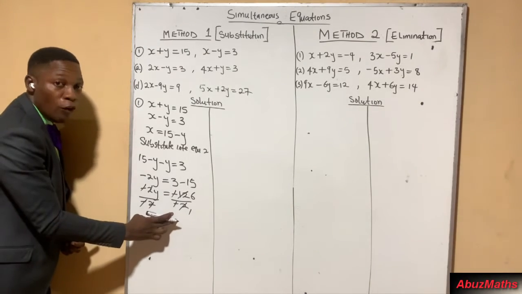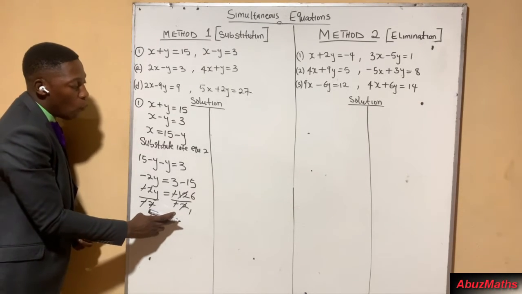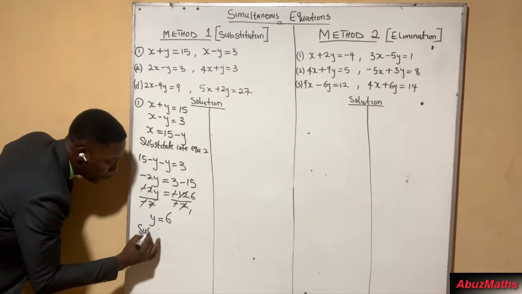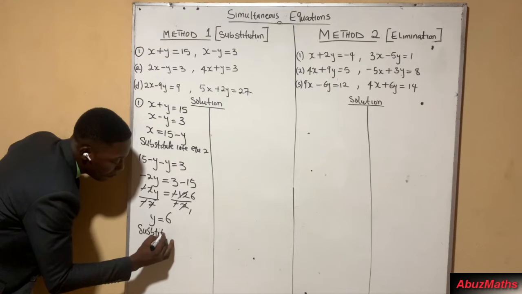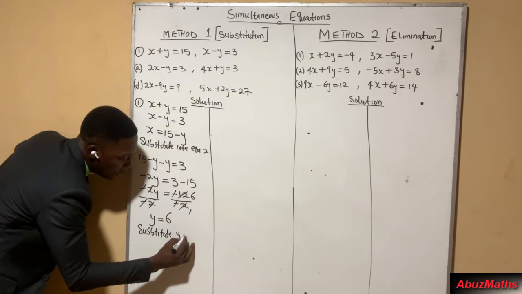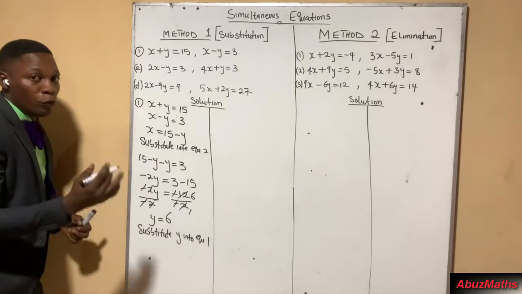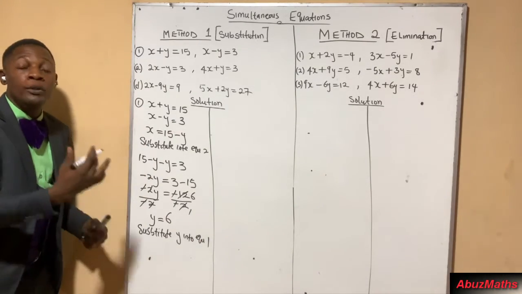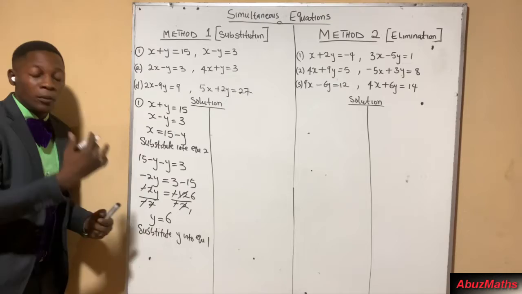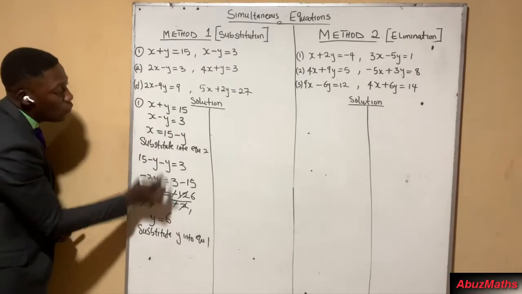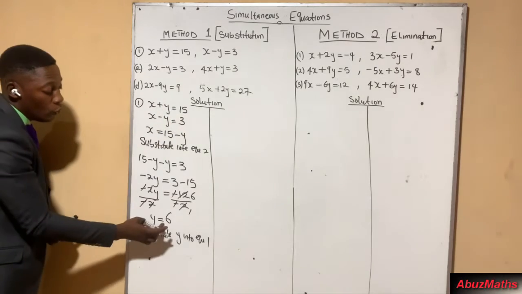Now, I have gotten the value for y. I can now substitute this value for y into equation 1. So don't forget, it's the substitution method. That means what we'll be doing is substituting. Anywhere I see y in equation 1, I change it to 6.